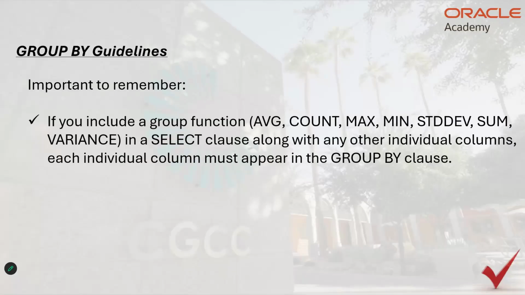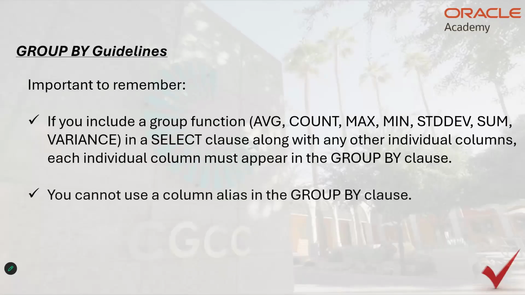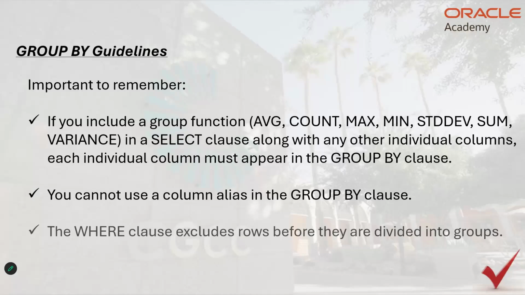That's probably the number one guideline that'll trip you up. You cannot use column aliases in the group by clause. So group by must use the actual columns. The where clause is just filtering, and you must use it before, in the sequence of things, you're filtering and then you're grouping. You want to think of it that way.